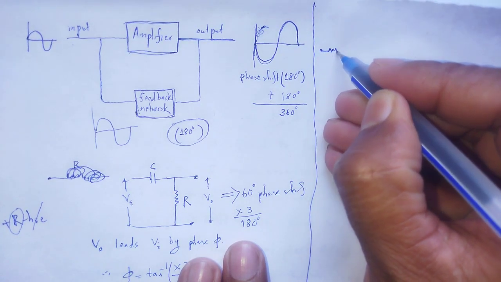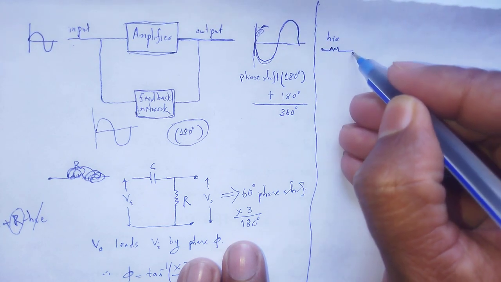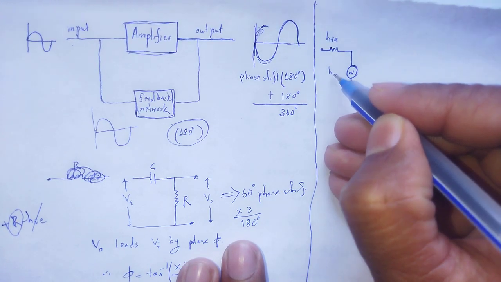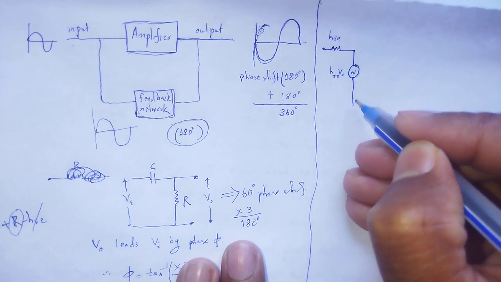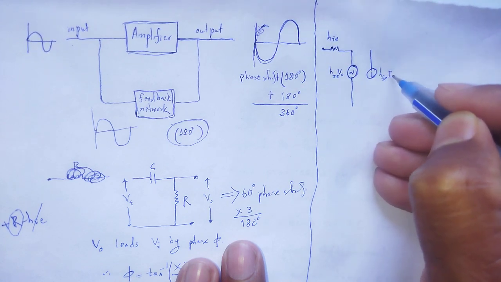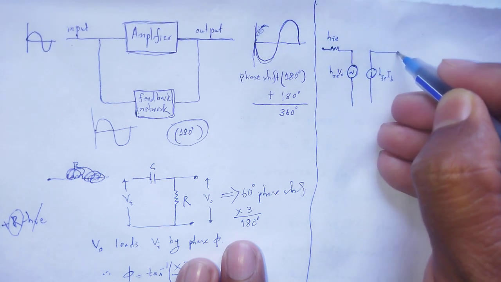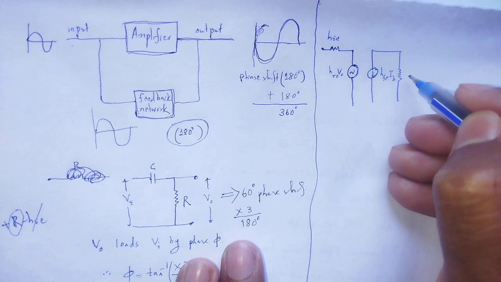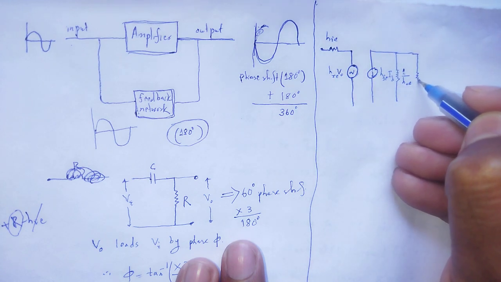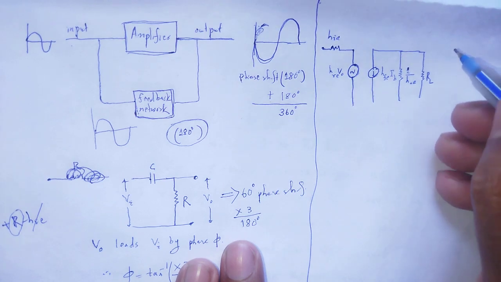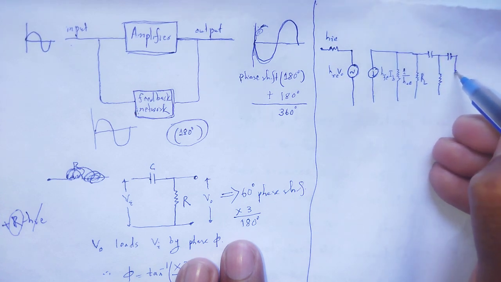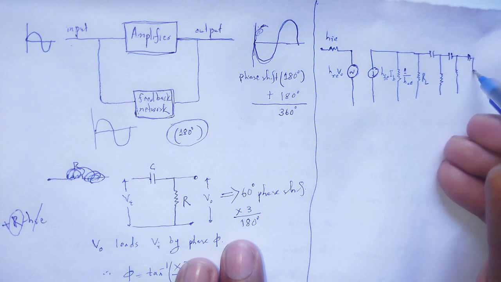HIE, a voltage source HRE V output, a current source HFE IB, resistance 1 by HOE, and at the collector we have the load resistance RL, then 3 RC networks: 1, 2, 3.